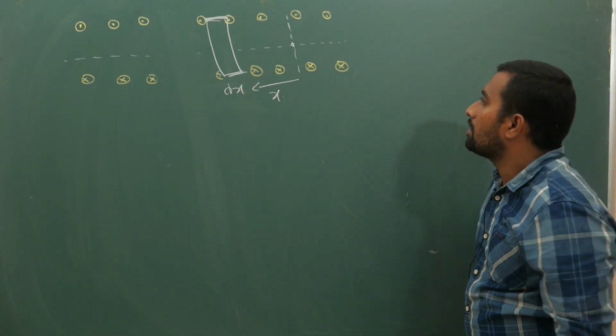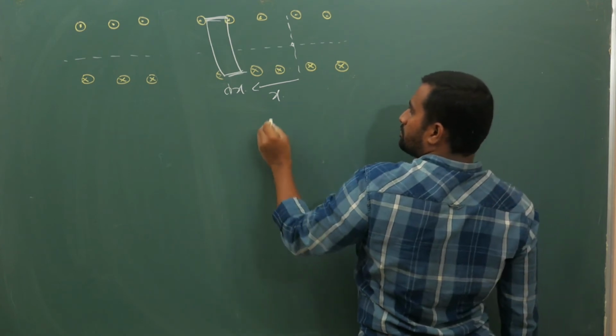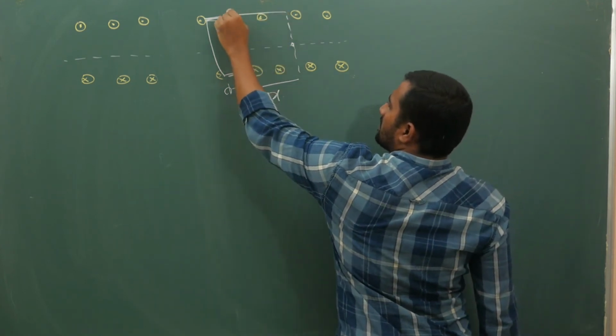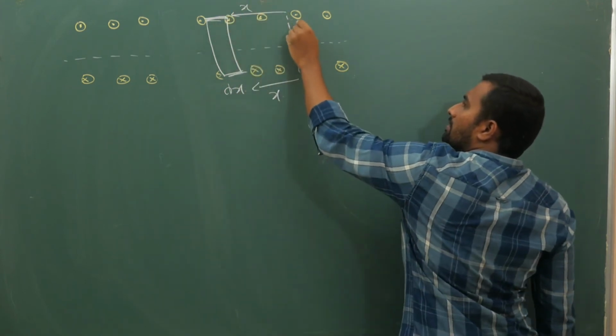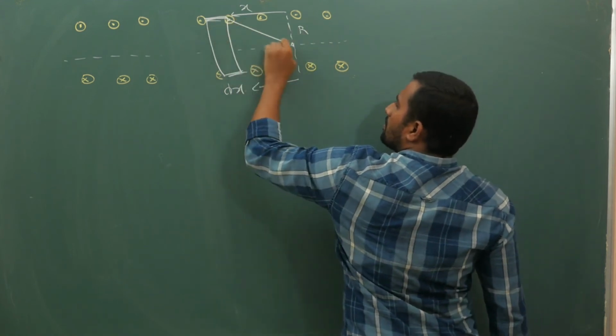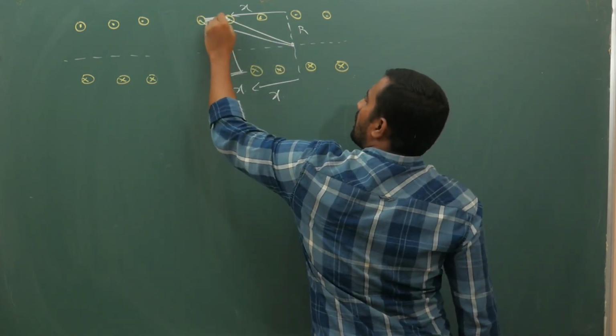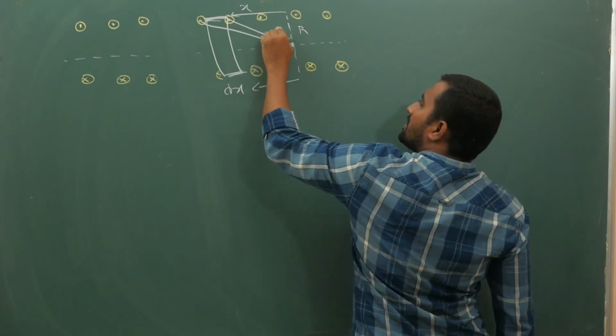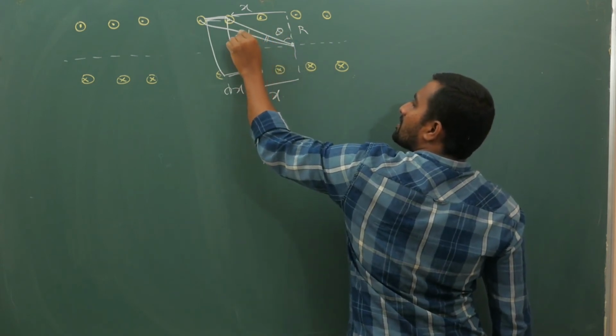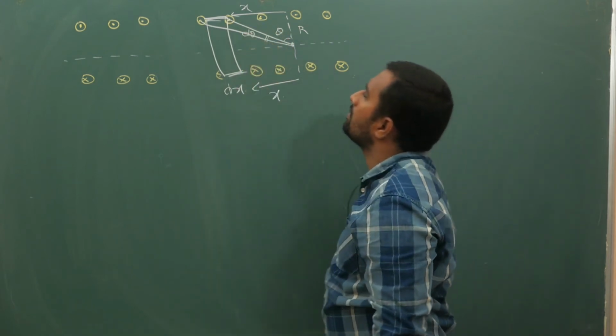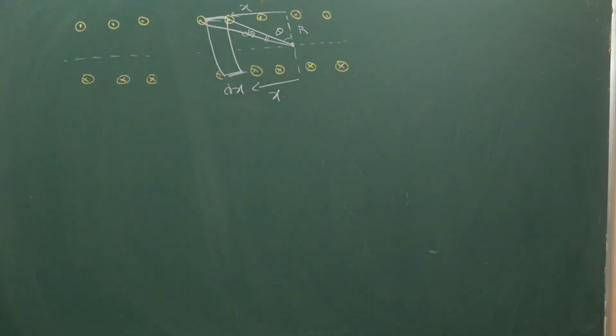Now this distance is x and this distance is r. You have a small patch here, this angle is theta, this angle is d theta. Let me check whether it is visible clearly in the camera or not. Yeah, fine.